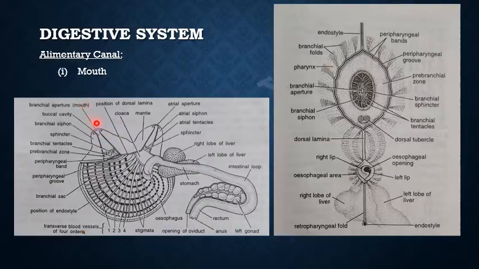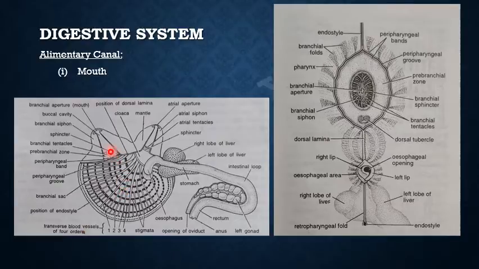Then after the mouth comes the buccal cavity, and here there is a sphincter at the base of the branchial siphon. This sphincter has a number of tentacles which overlap each other to form a sieve-like structure, which will guard against the food particles and other particles coming inside the pharynx, immersed in the water which is coming in.